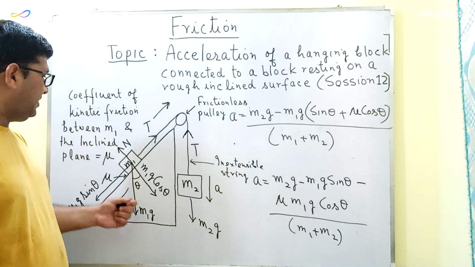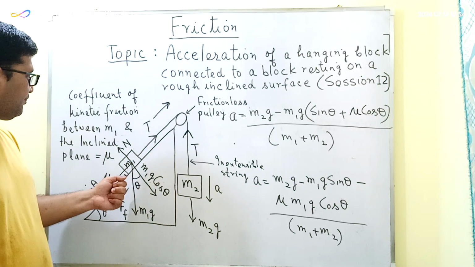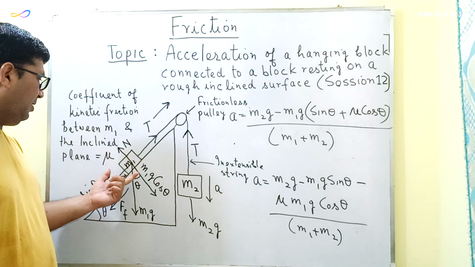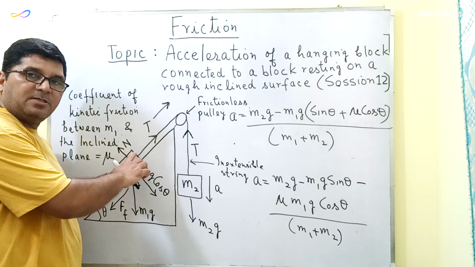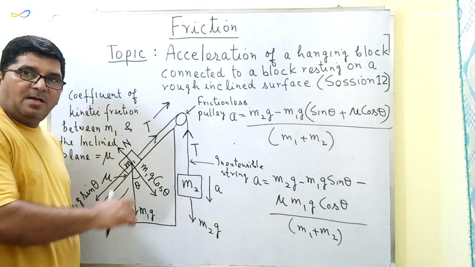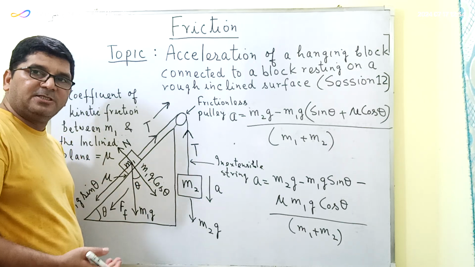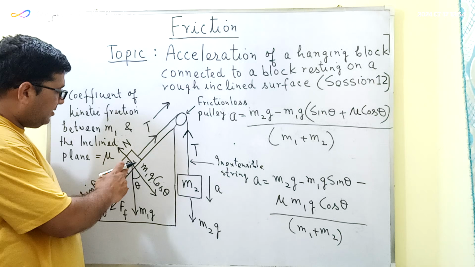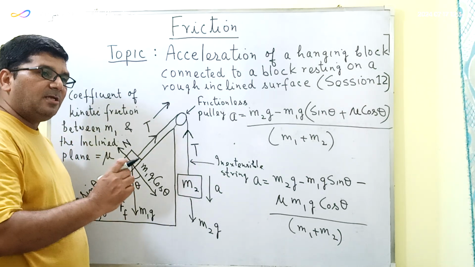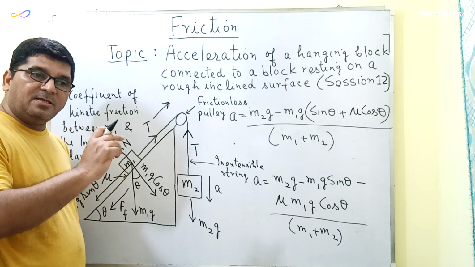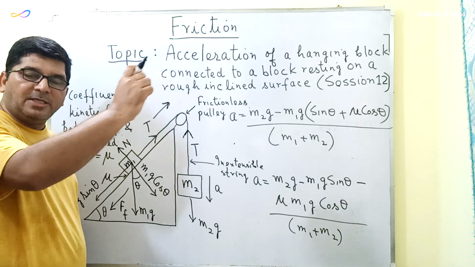Here the most important thing is that in order to calculate the value of this common acceleration, you have to first of all see the direction of the motion of the block. Since the force of friction opposes the relative motion, accordingly you have to take the direction of the force of friction, and then use the concept that a block moves in a certain direction only when the net force in that direction has a certain value.